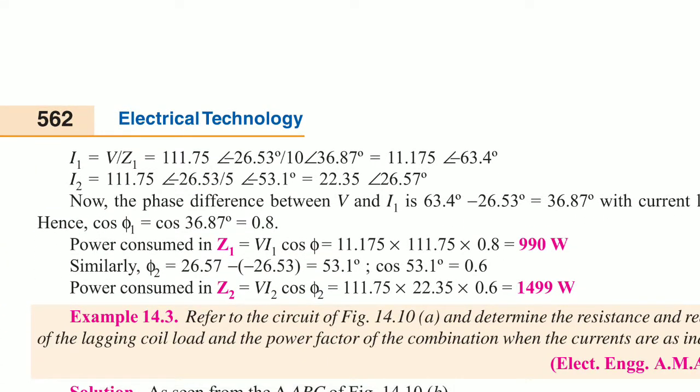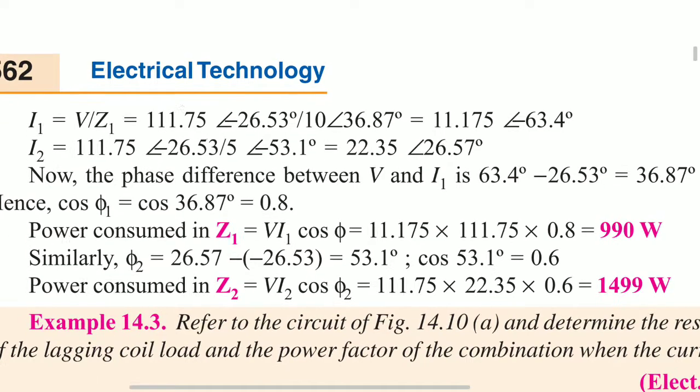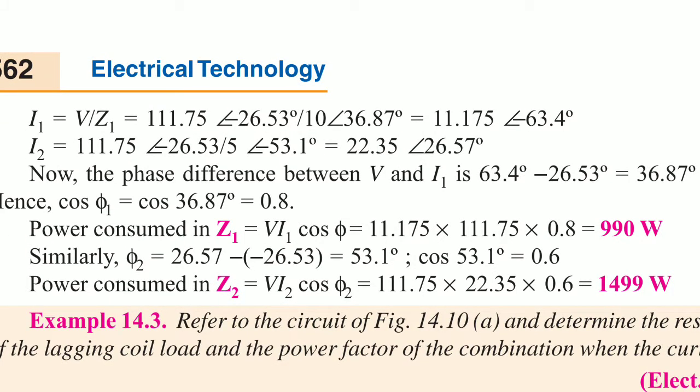So now I1 is equal to V by Z1, that is 111.75 angle of minus 26.53 divided by 10 angle of 36.87, that is equal to 11.175 angle of minus 63.4.